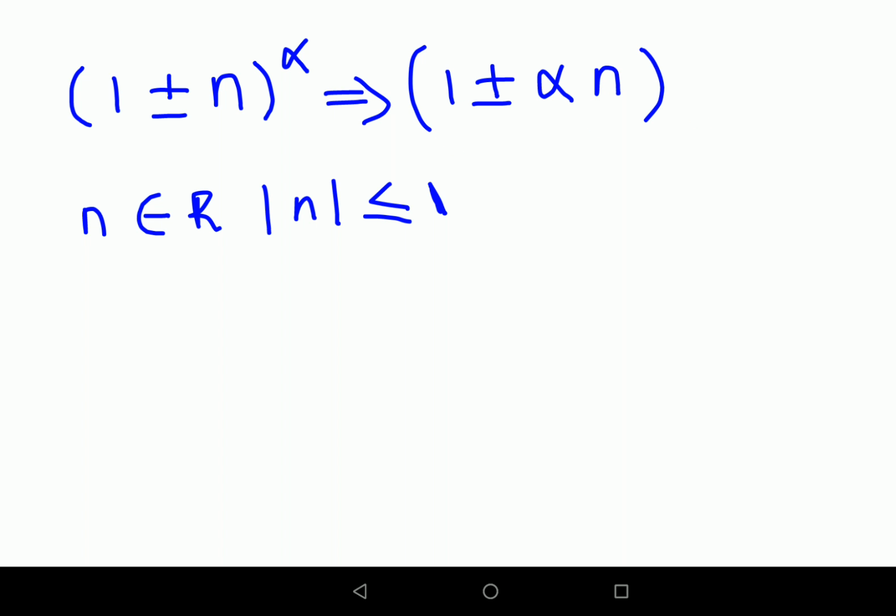I hope this is very clear. It means the exponent comes ahead and gets multiplied with the n.